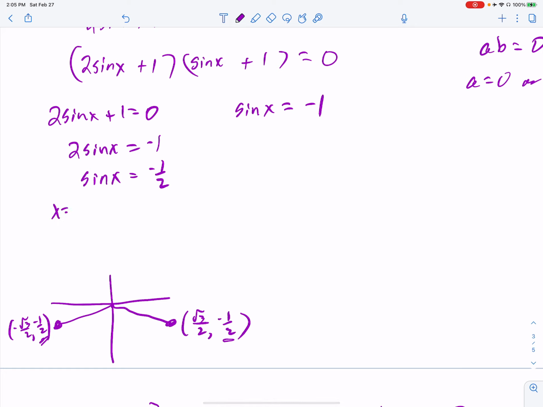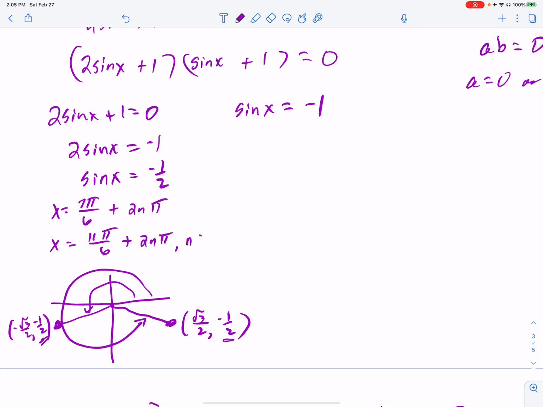So x is from here to here, reference angle of pi 6, is 7 pi 6. And then all the way to here, with a reference angle of pi 6, is going to be 11 pi 6. And then you need the plus 2n pi. And again, n an element of the integers. So that's good for where sine is negative 1/2.